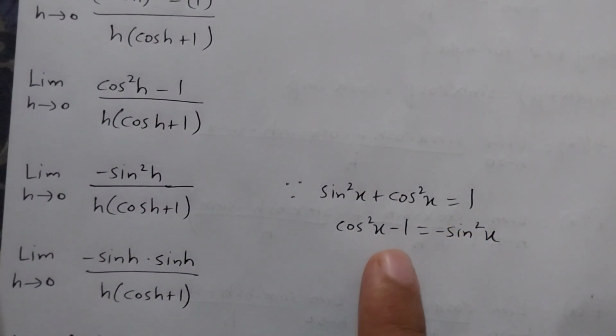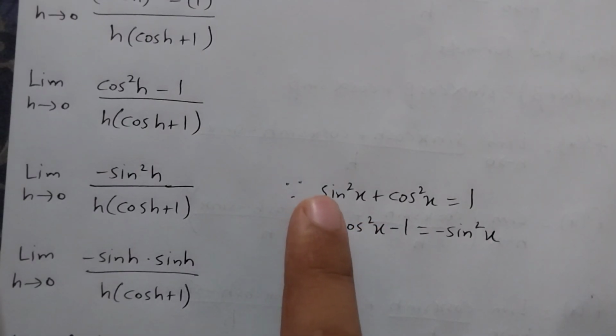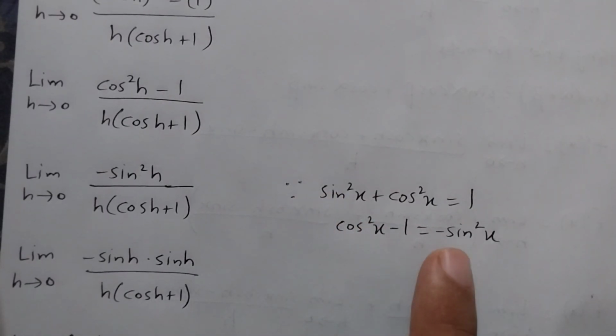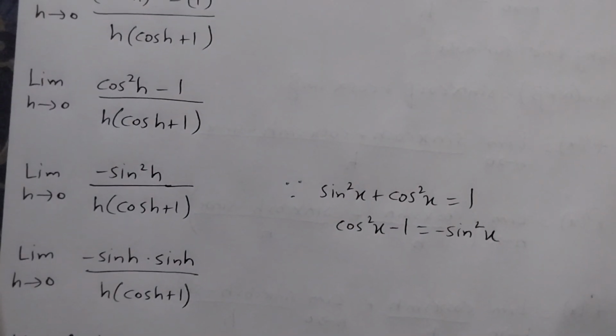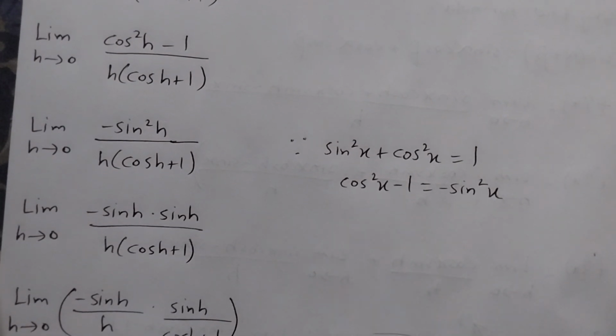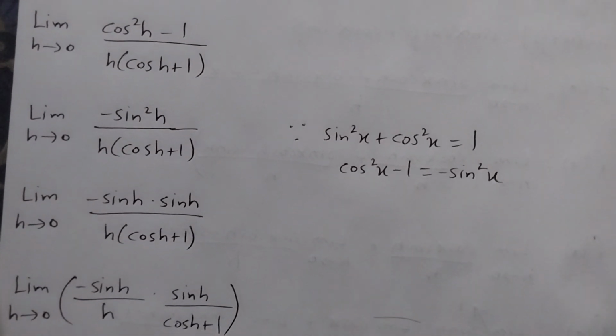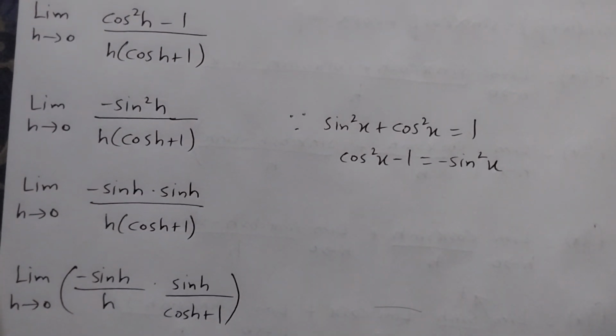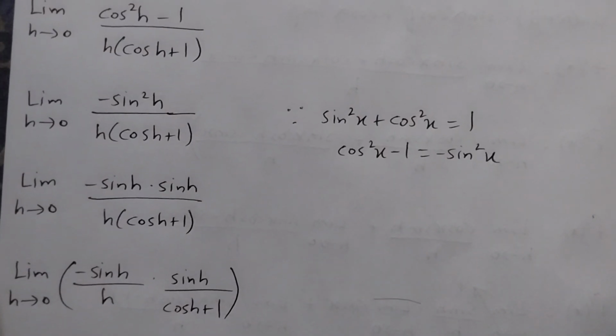We are left with cos squared x minus 1, and we want its value, so we need to move this plus sin squared x to the other side. This will become minus sin squared x. So cos squared x minus 1 is just minus sin squared x, and we are left with the limit as h approaches 0 of minus sin squared h over h into (cos h plus 1).